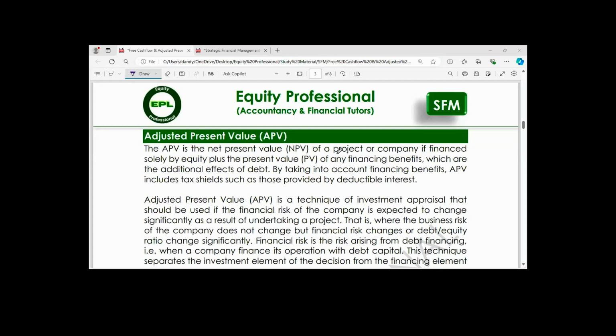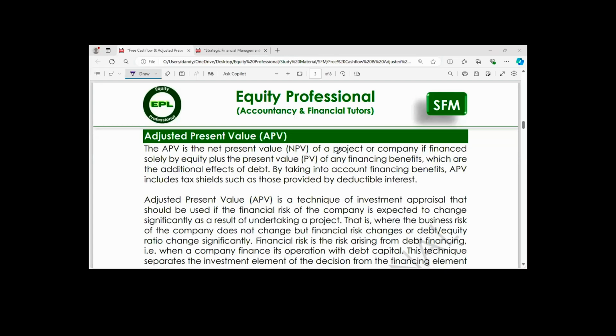Technically and distinctively, the only thing that makes adjusted present value slightly different from NPV is if in the question you are given issue cost or subsidized loan. I repeat, the adjusted present value and the net present value are similar in terms of calculation and the way the examiner will structure the question.